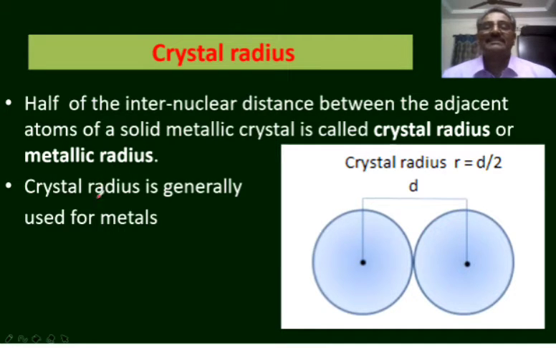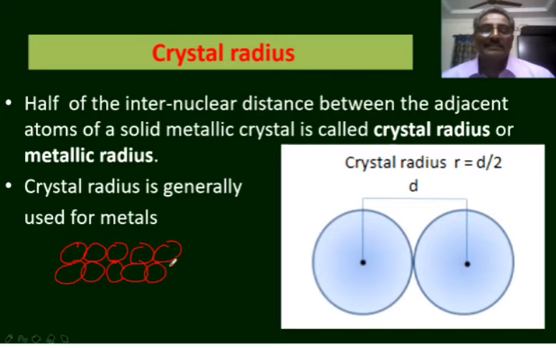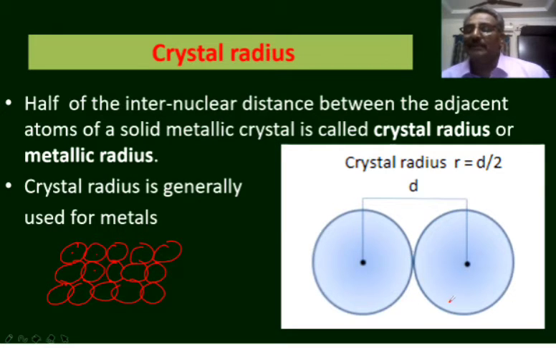What is it? There are so many atoms which are arranged in a systematic manner like this in three-dimensional way in the metals. Like this. There is a regular arrangement of atoms. Suppose this is one atom of the metal in the metallic crystal. This is the neighboring atom of the metal in the metallic crystal.